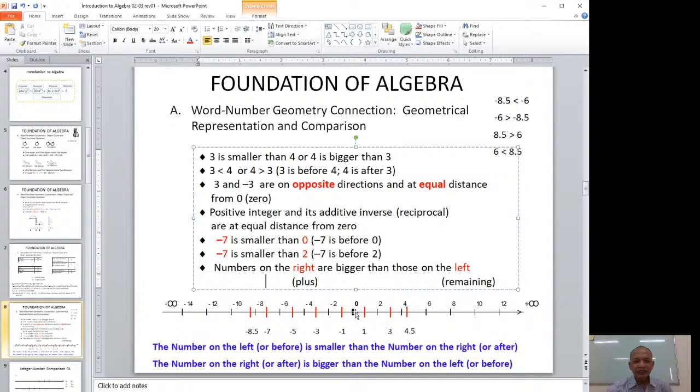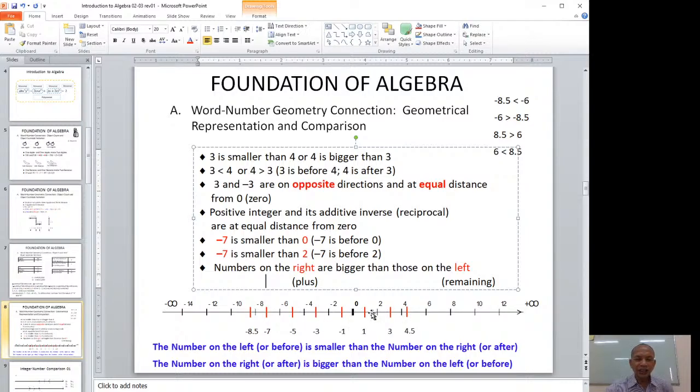It's like a reflection. The numbers are symmetric. Negative 1 is symmetric to 1. Negative 3 is symmetric to 3. Negative 4 is symmetric to 4.